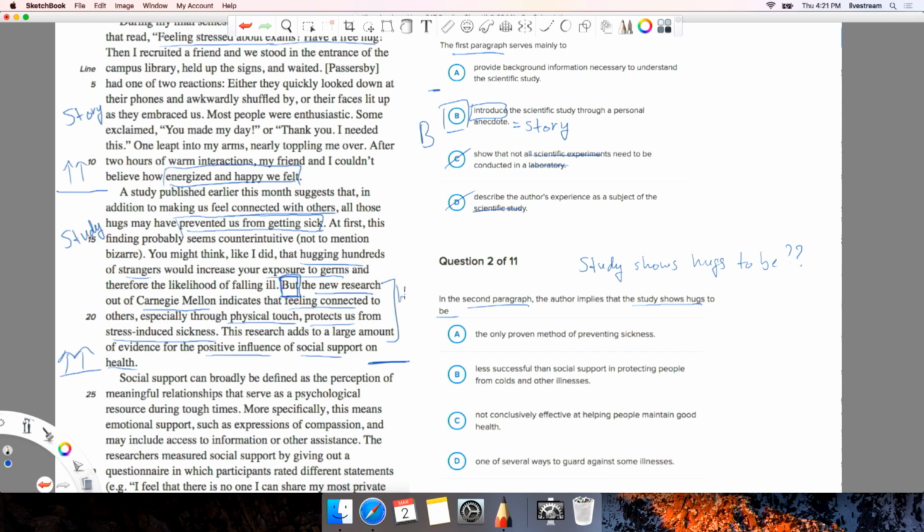So hugs good is kind of the takeaway there. And so my prediction for what the author implies the study shows about hugs is that hugs are good for health, and have these health benefits, or will help protect us from sickness.